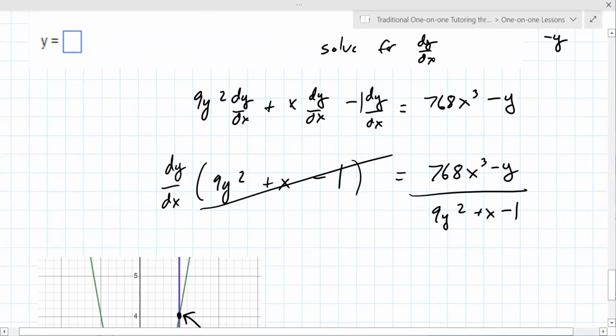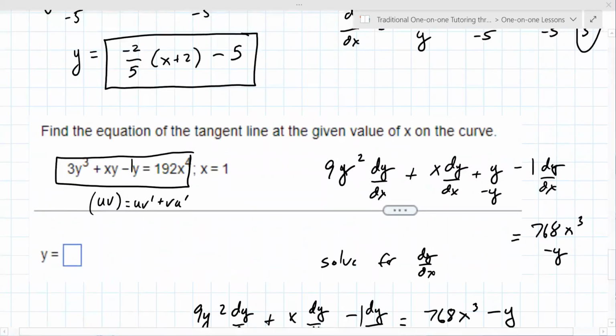So I'm going to go to my calculator. I'm going to say x is 1, y is 4, and I'm going to evaluate the derivative here. And I'm really hoping it works out nicely. I should also check it with another calculator just to make sure we've got it. And that didn't work out great. Okay, let me check the implicit derivative of this.